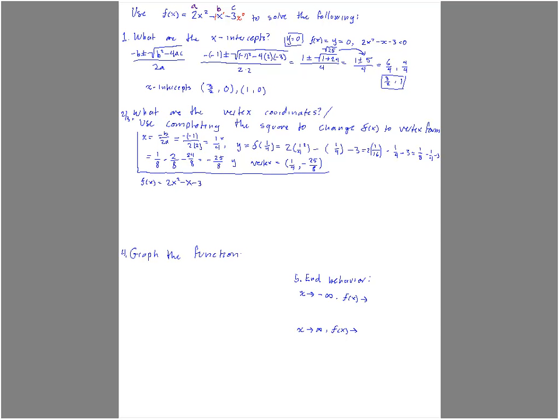So go ahead and pull that out. So you have 2 times x squared minus 1/2 x, and then minus 3. Now this is my way of completing the square. There are multiple ways you can do this, but I will be showing my way.